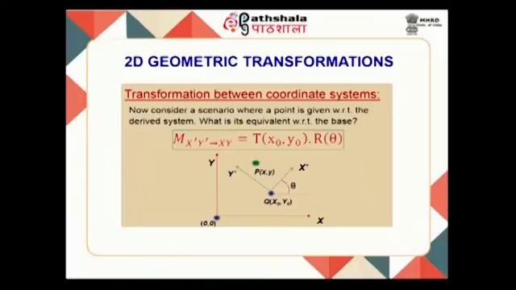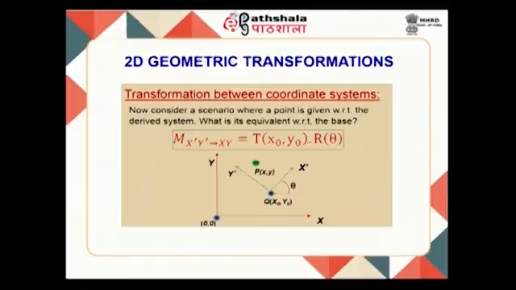How do we align the base system with the derived system? First do a rotation of the base system. So, the xy system is to be rotated by the angle theta, and then translate the base system such that it aligns with the derived system x dashed y dashed. The steps are shown here: R of theta, that is, rotate the base system by an angle theta.